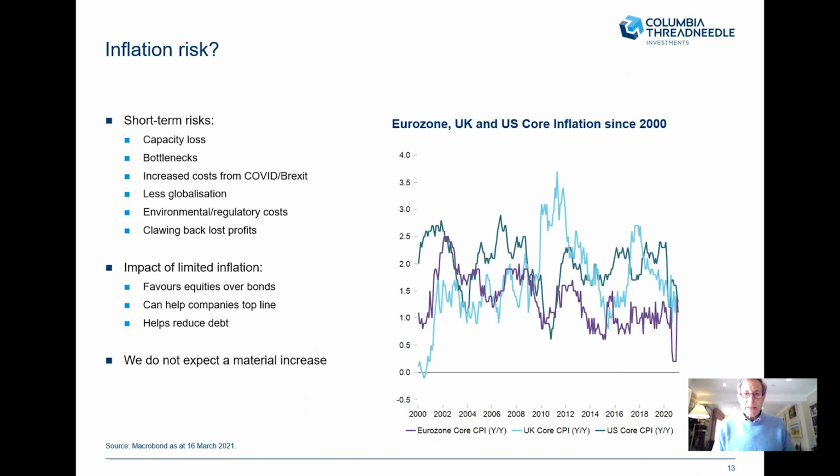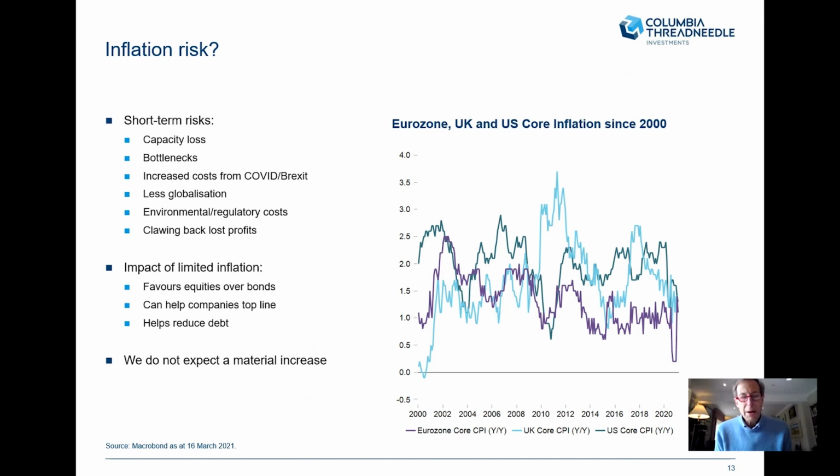That chart on the right makes it look as if inflation has been all over the place in recent years, but if you look at it closely, since 2000 up to 2020, i.e. the last 20 years, inflation in major economies has been within 1% and 2.5%, consistently pretty low. And we don't think it's going to move out of that range much. It may nudge a little bit out of it in the short term. And there are short-term risks without doubt. And I've listed some on the left-hand side.